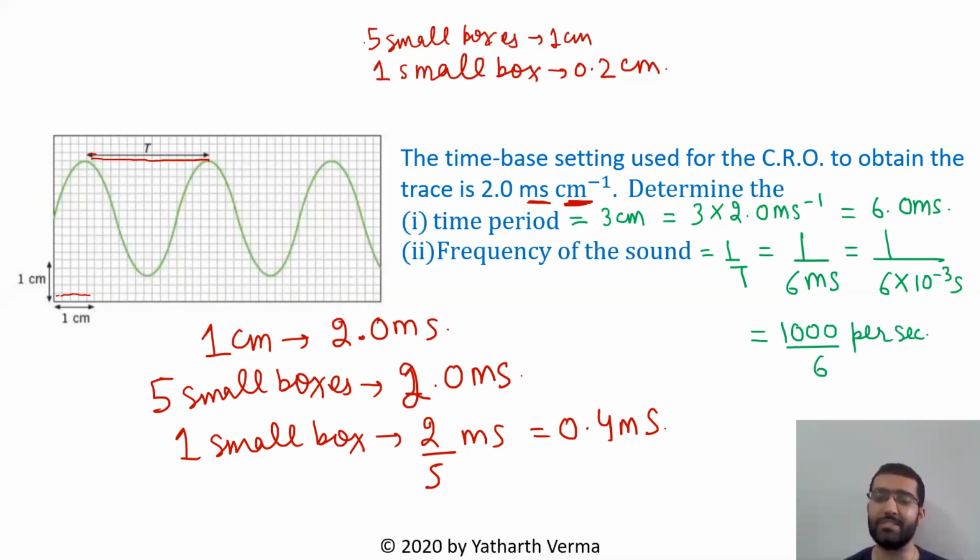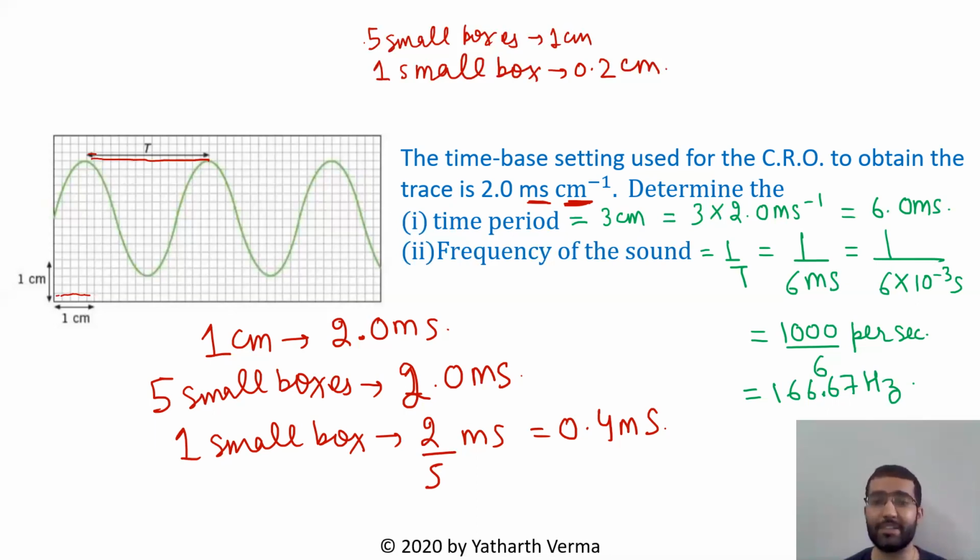This unit is also called hertz. 1000 by 6 is not 133, it will be 166.67 hertz, right?